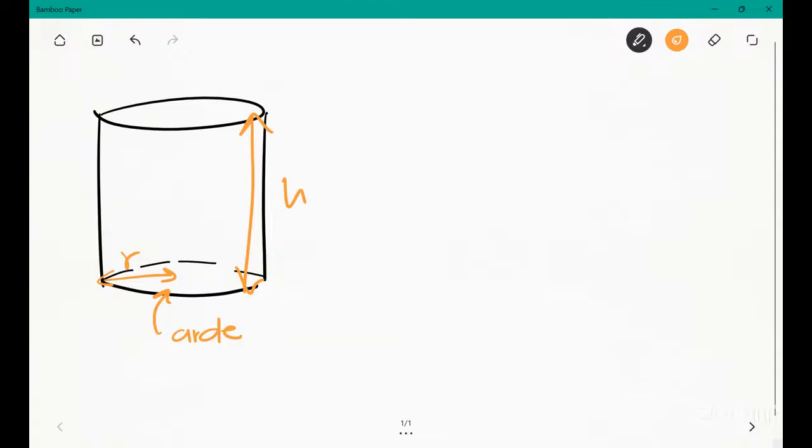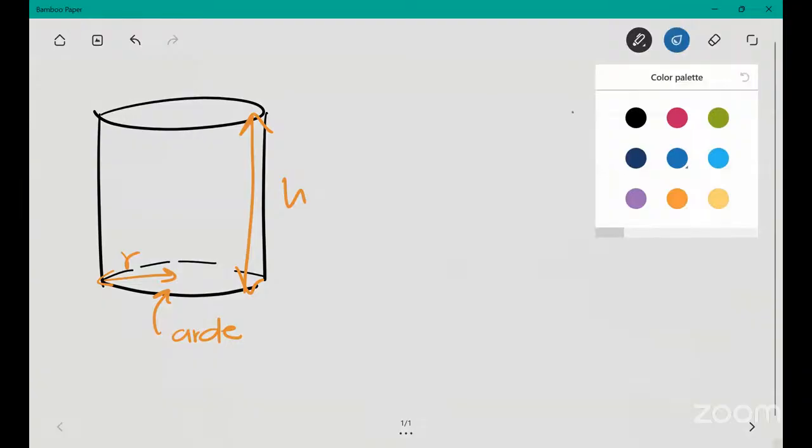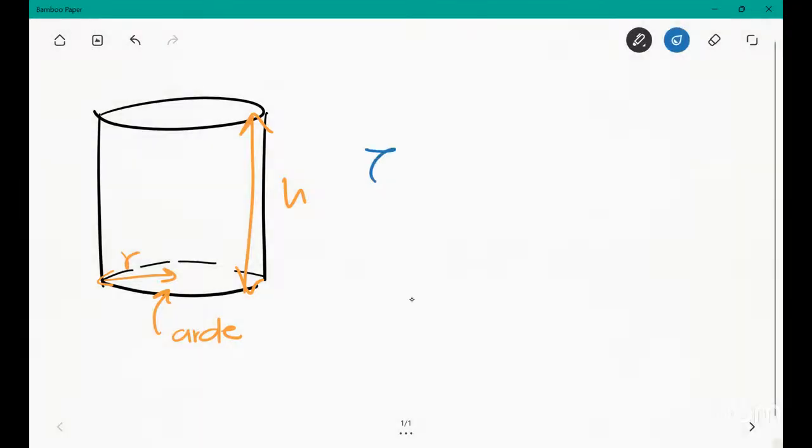So what is the area of a circle? You already have learned this. It's pi r squared. Whenever you have pi r squared, it's the area of a circle. So area means, let's say this is centimeters, the unit is going to be centimeter squared into cross section into height.